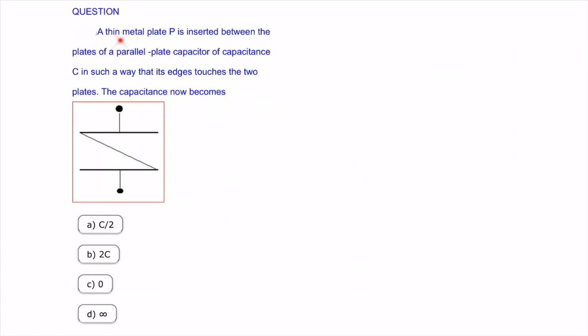A thin metal plate P is inserted between the plates of a parallel plate capacitor of capacitance C in such a way that its edges touch the two plates. The capacitance now becomes, see, these are the options. Here the two plates of the capacitor are connected by a metallic wire, right?